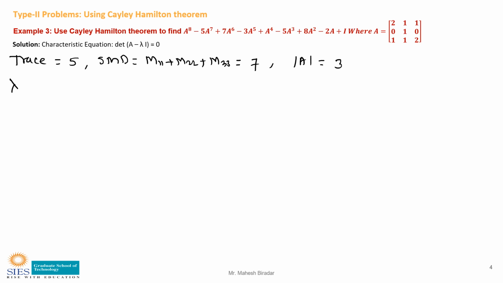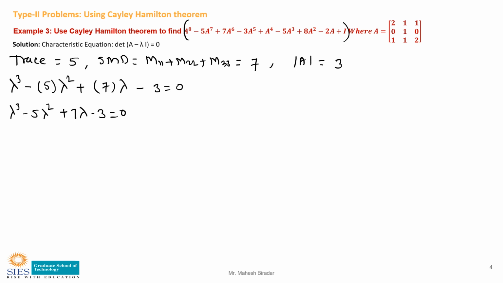So after finding all these, I'm going to write the characteristic equation, which is lambda cube minus trace into lambda square plus SMD into lambda minus determinant of A equal to 0. So lambda cube minus 5 lambda square plus 7 lambda minus 3 is equal to 0.